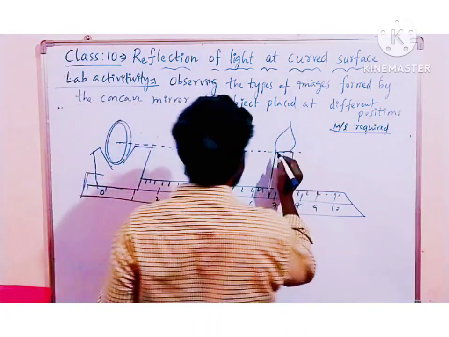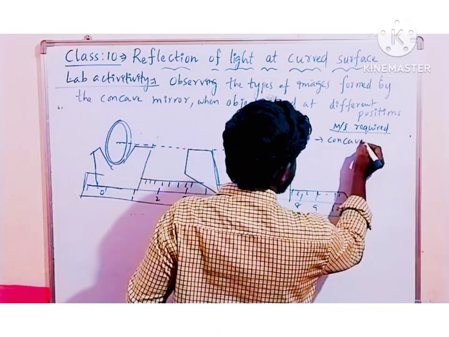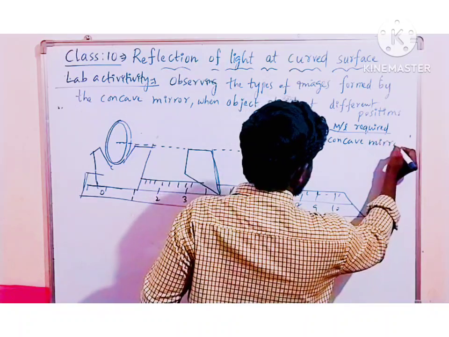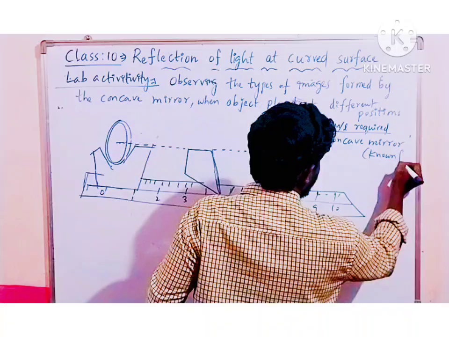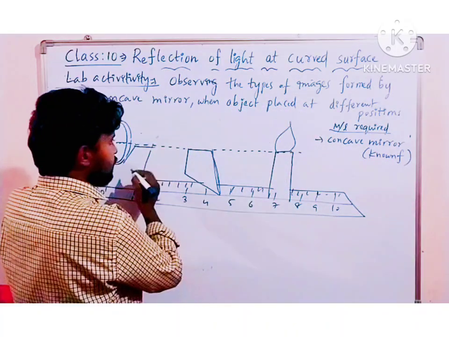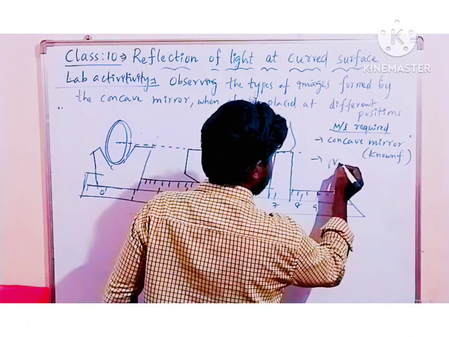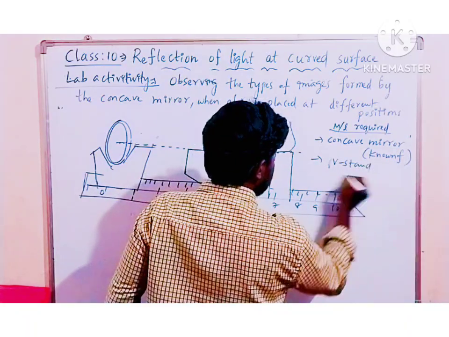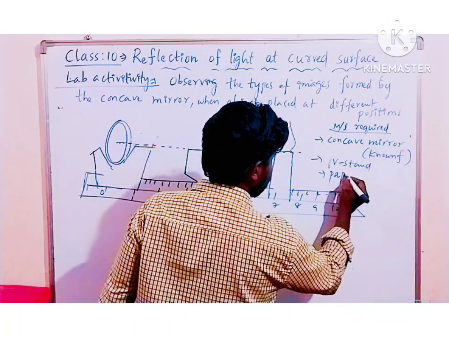First, we have to take a concave mirror of known focal length. Next is a V stand. To place the concave mirror, we take the V stand, the mirror stand. Next, paper, or we can say a screen.